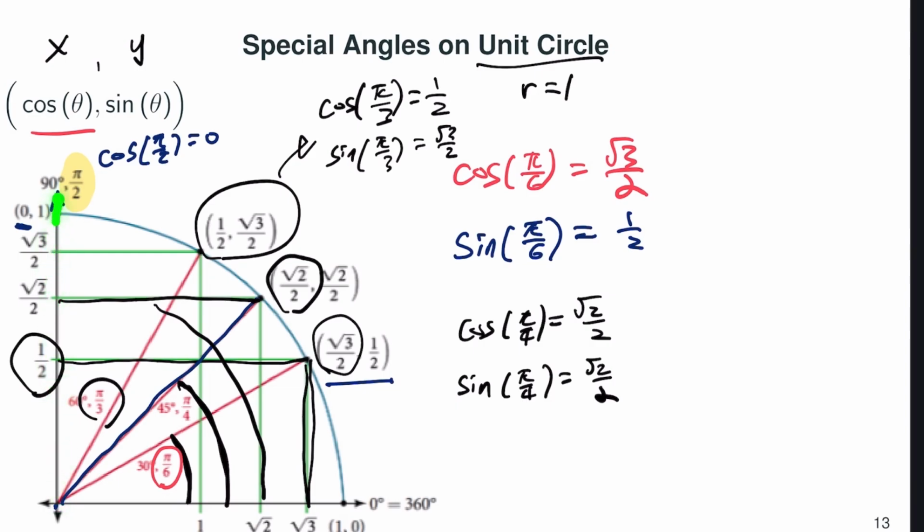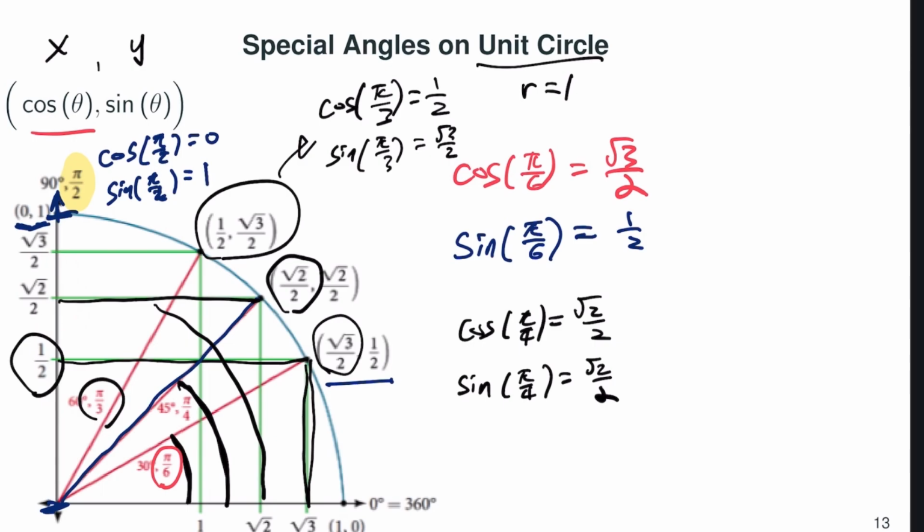But this terminal ray lies exactly on the vertical diameter. That's why the cosine value is 0. There's no horizontal distance. Whereas sine of pi over 2 is 1. This vertical distance right here is 1.